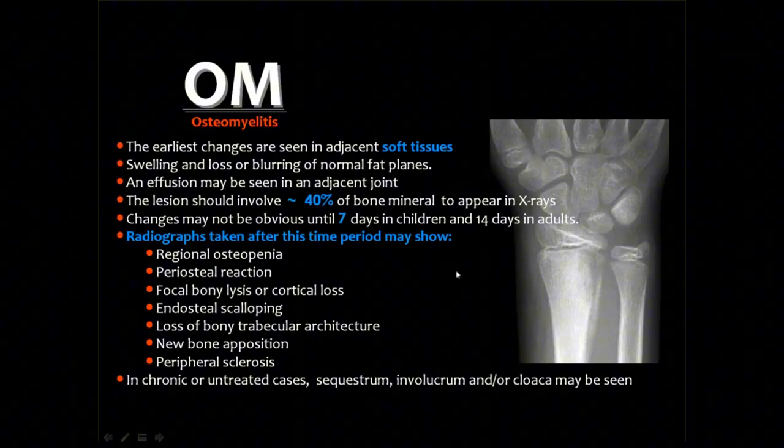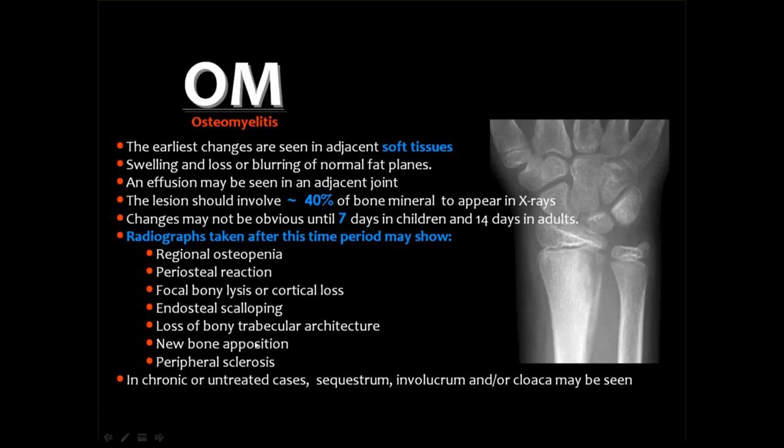The changes that are suspected to appear in the plain X-ray include regional osteoporosis or osteopenia, then periosteal reaction, and osteolytic lesion of the affected bone, usually in the cortex, and there may be some endosteal scalloping.